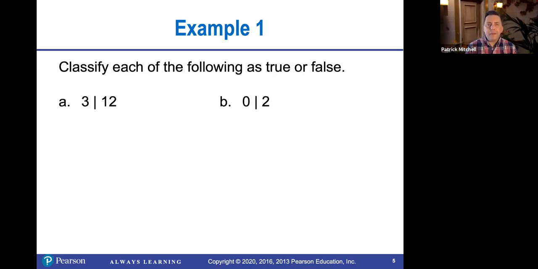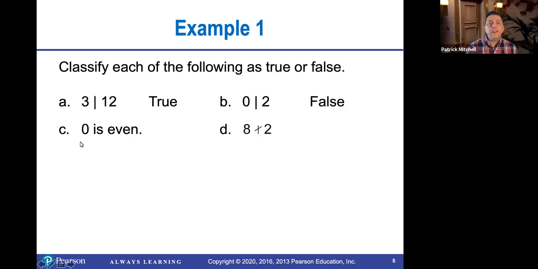And it's true, right? Because there is a number like that. It's called 4. However, this statement here, 0 divides 2, we'd be looking for a number Q that makes 2 equal to 0 times Q. So that's not going to work, right? So letter A is true, letter B is false.